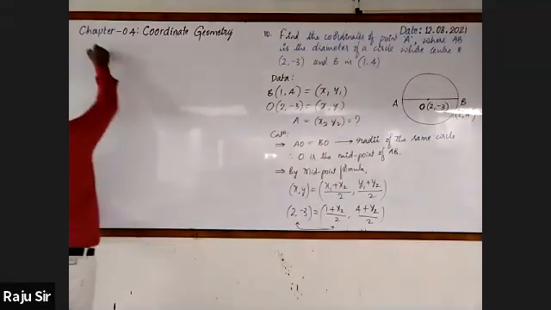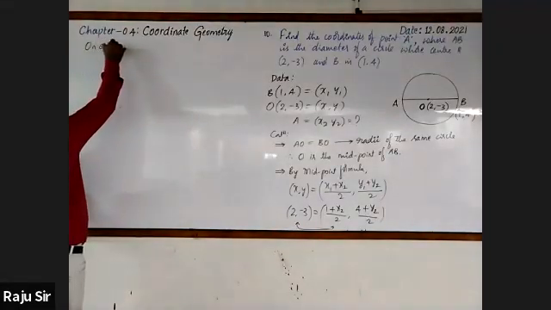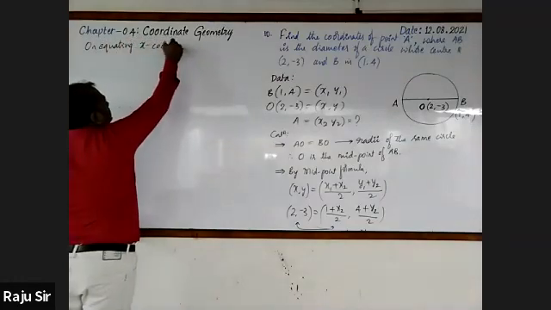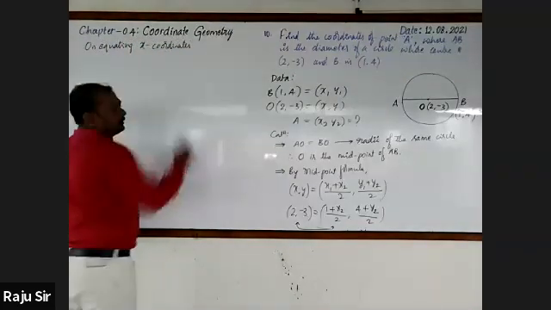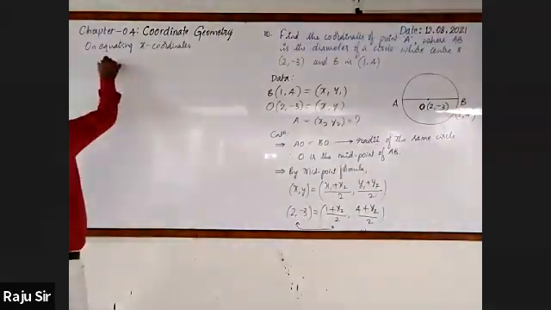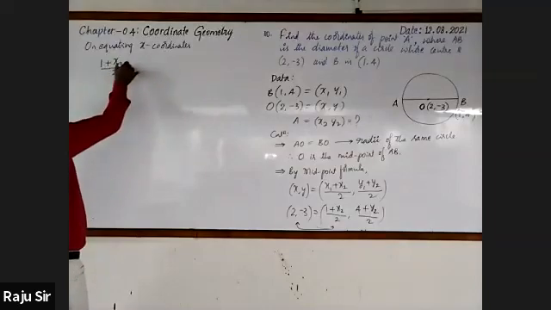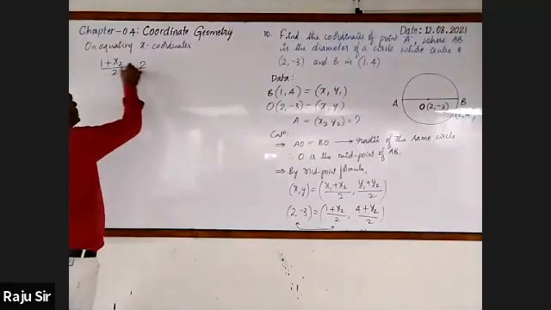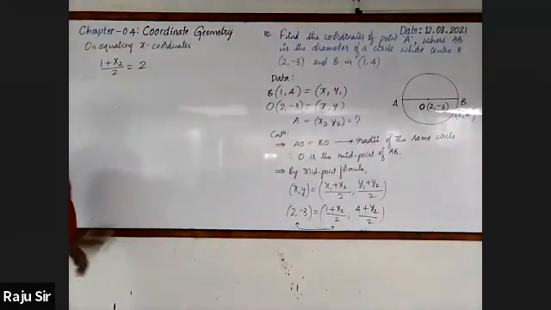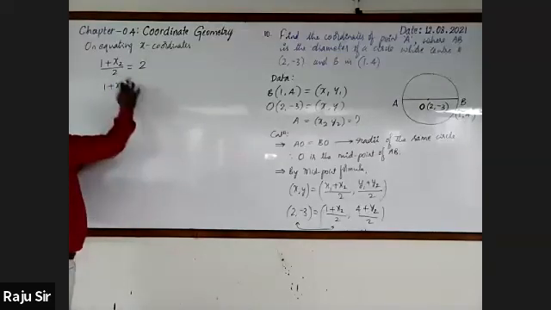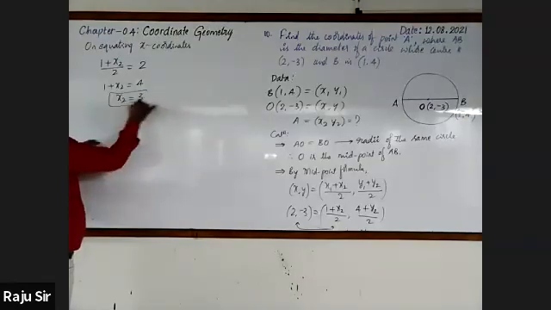On equating x coordinates, (1 plus x2) by 2 is equal to 2. Then 1 plus x2 is equal to 4, by cross multiplication. So x2 is equal to 3.